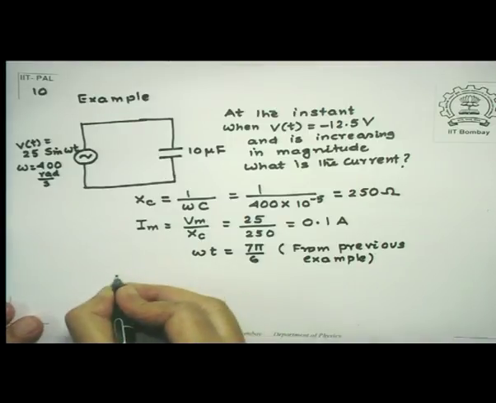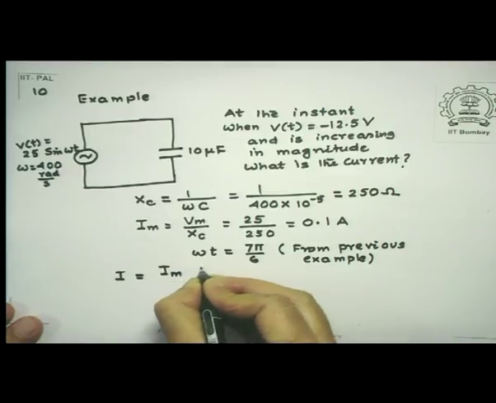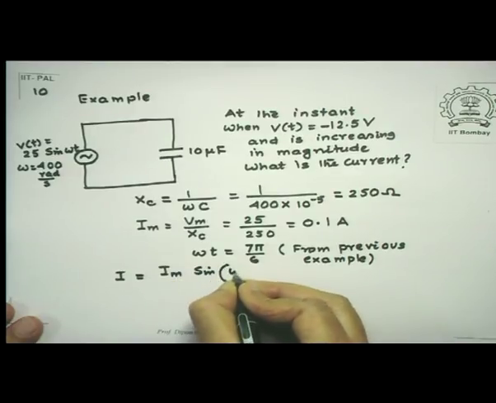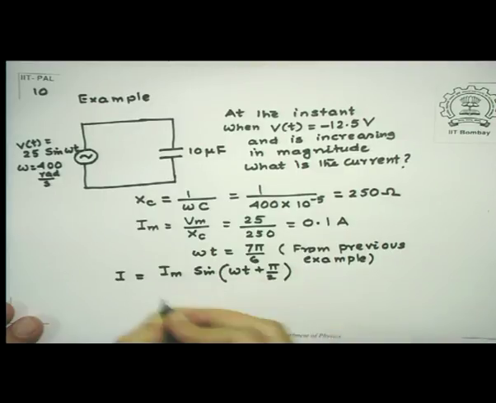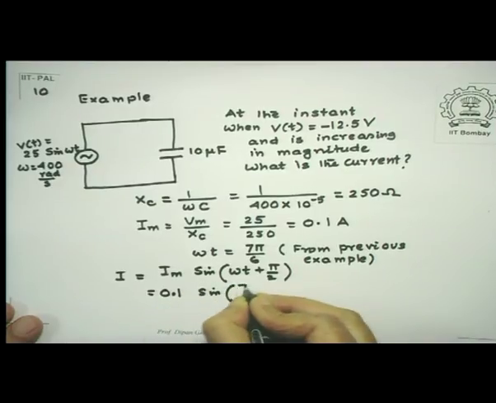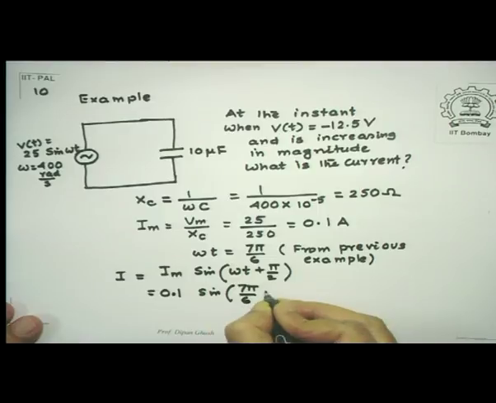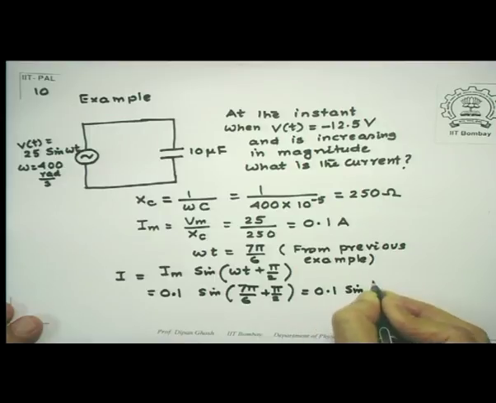Then my I becomes Im sine omega t, but this time plus pi by 2. Im I have already found out to be 0.1 ampere, and this is sine of 7 pi by 6 plus pi by 2, which is 0.1 times sine of 10 pi by 6.